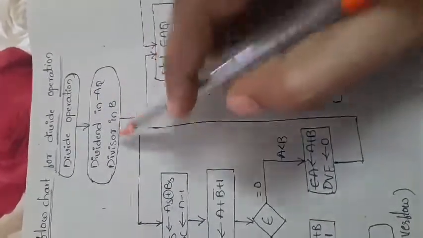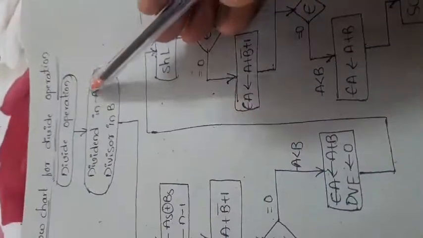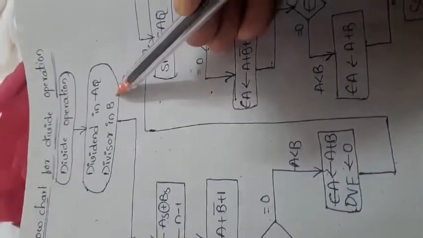Here the dividend has sign magnitudes, that is AS and QS, but for the divisor we don't have the sign magnitude form. So in the hardware algorithm we place the sign magnitudes of the A register and Q register, and the divisor is present in the B register.